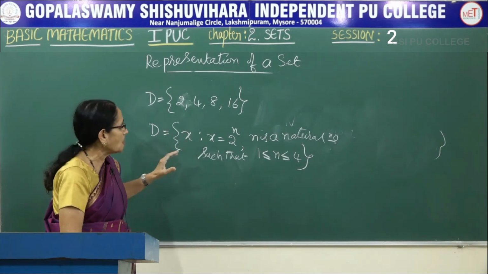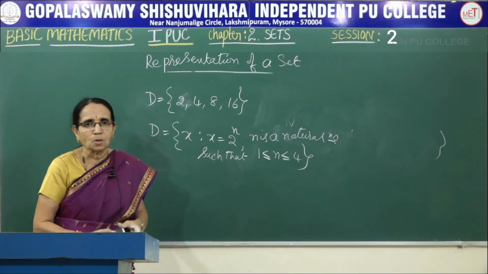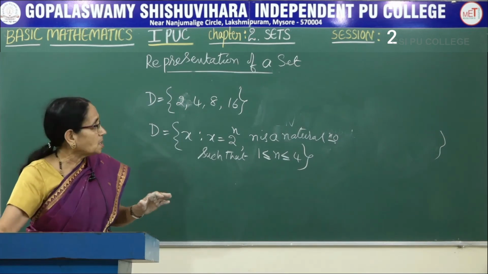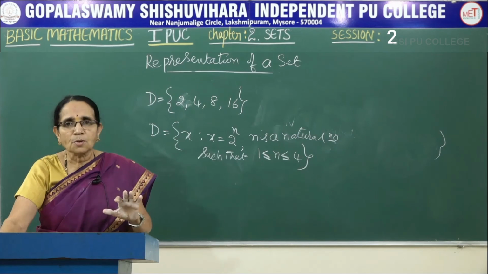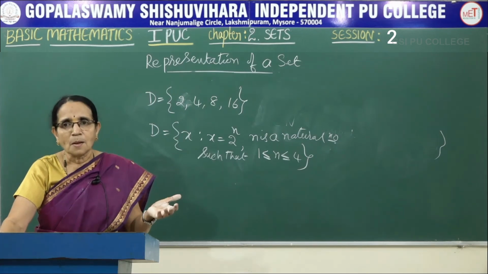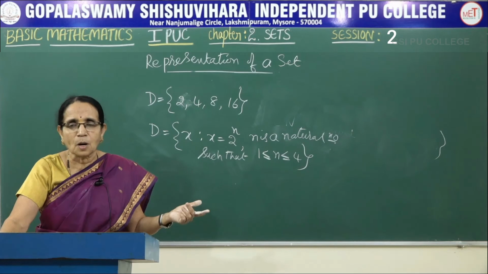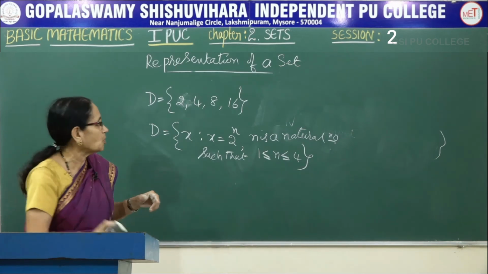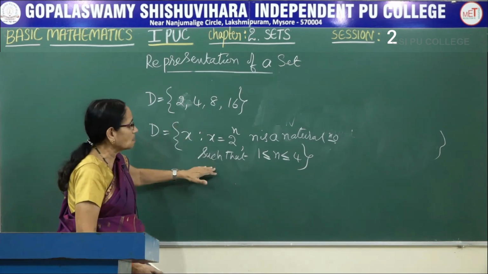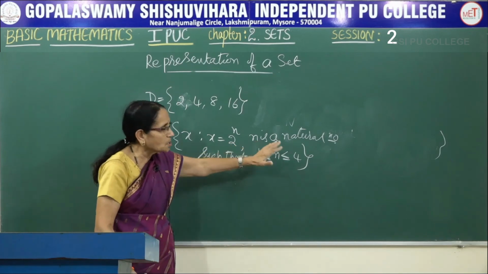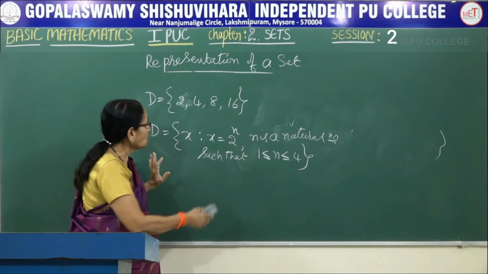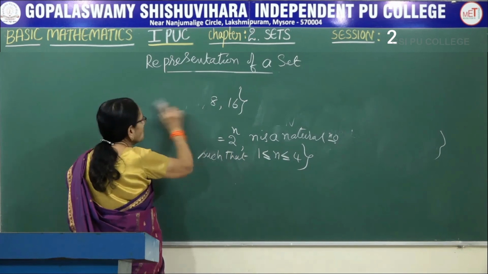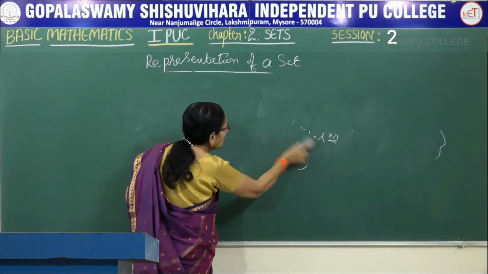For a 1 mark question, usually it is asked to express the set which is given in the roster form in the set builder form, or if it is given in the set builder form, it has to be written in the roster form. So I told you can write n is a natural number or n belongs to N. Both are correct here. This is the procedure we follow to convert one form to another form.